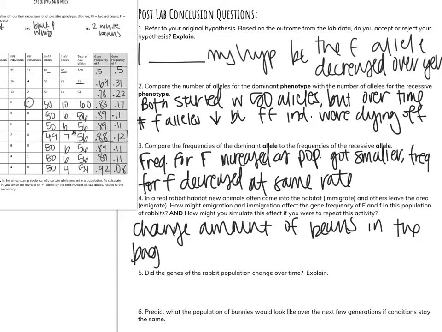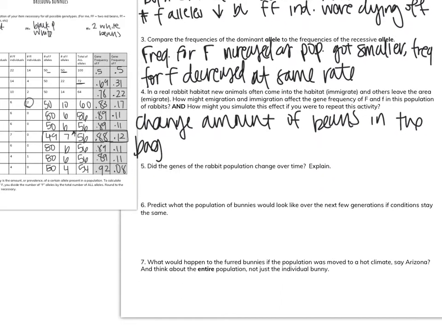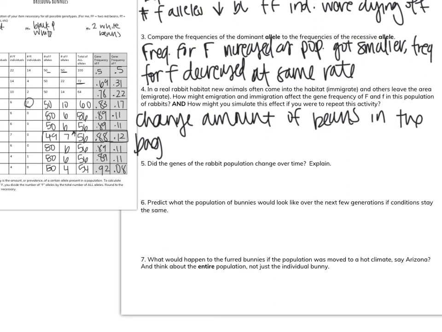They just died. So to someone that has not taken biology with me before, if you look at this population of bunnies, people might be like, oh, well, those furless bunnies just like grew fur. But can that happen? No. The furred bunnies are becoming more prevalent because the little f furless bunnies are dying off. So did the genes of the rabbit population change over time?